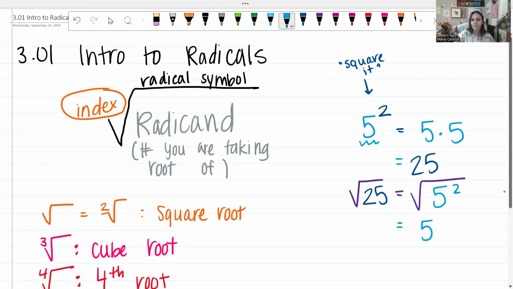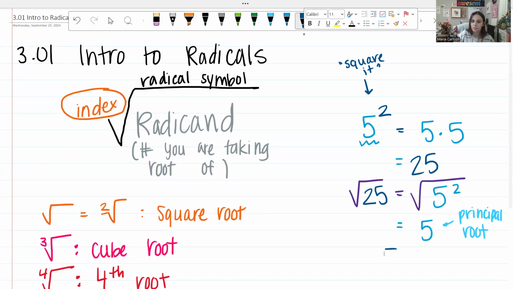Now here's the deal. 5 is actually known as your principal root because it is a positive root. But we also have another root. -5 is another root of 25.